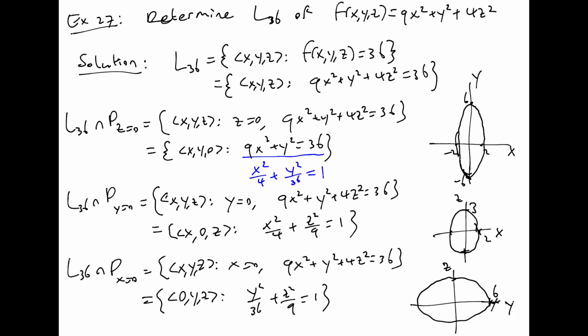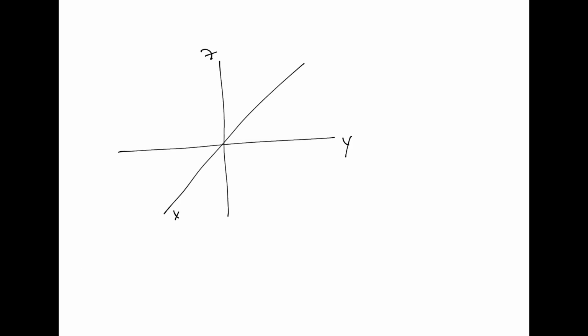And now we can put all these things in a three-dimensional picture. There's no space here, so we'll go to the next slide. X, Y, Z. In the XY plane, y is from 6 to -6, and x is from 2 to -2, so we have an ellipse like this.